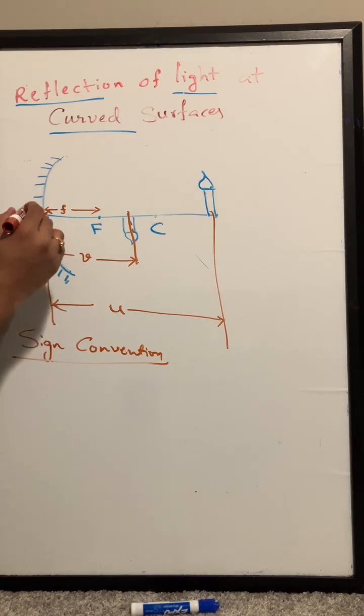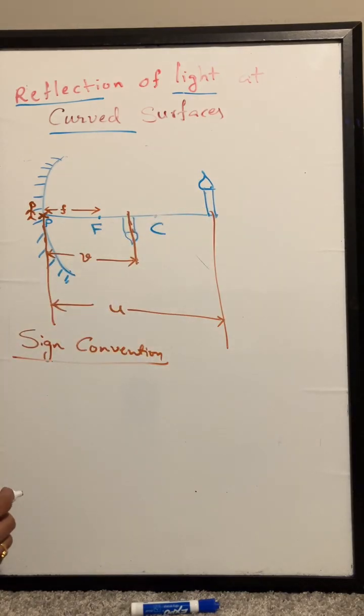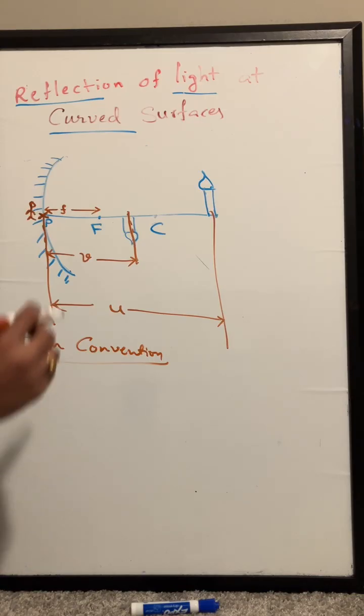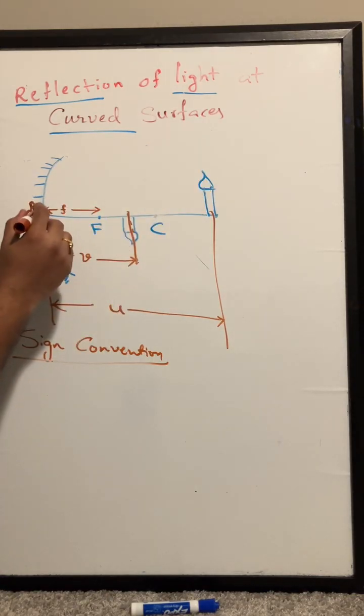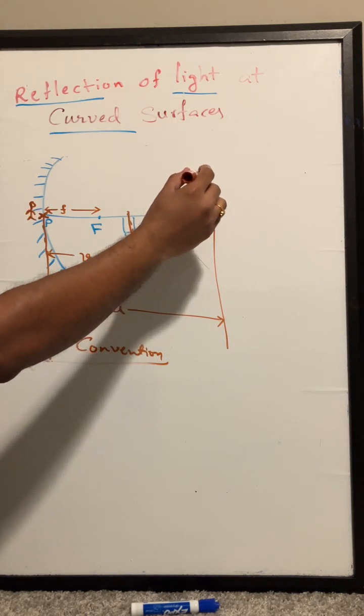So think that you are here and walking towards the object to measure it. Always distances from the pole.